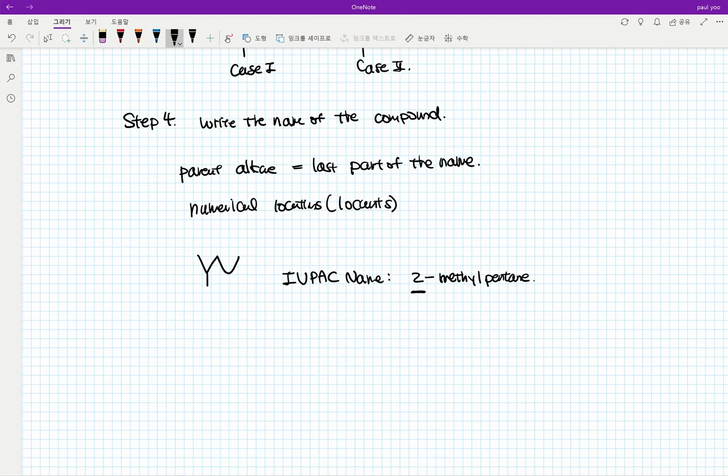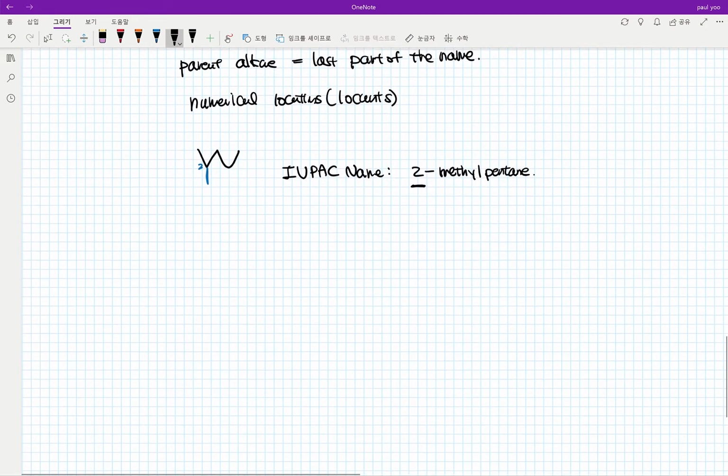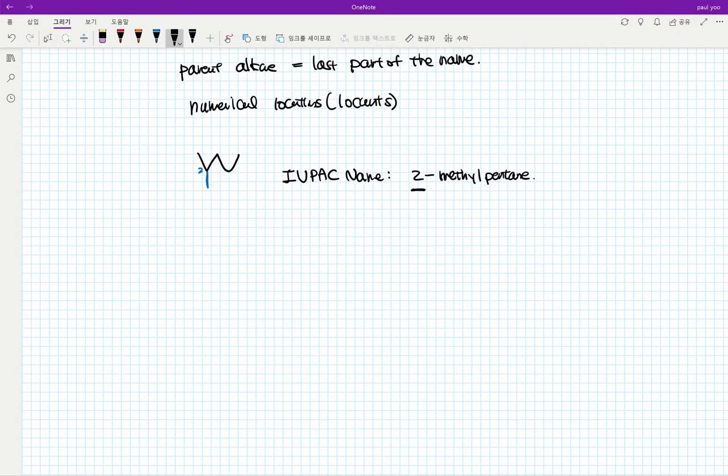The 2 directs that the methyl group is attached to the second carbon. Another example, if we were given this, then the IUPAC name will be 3-methylpentane.